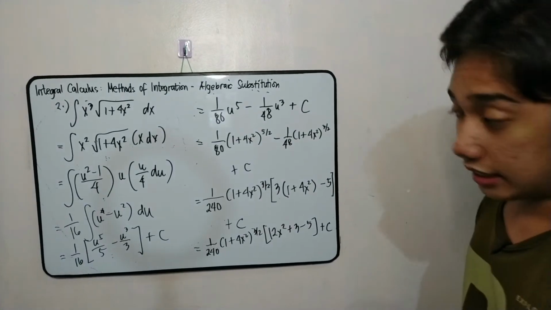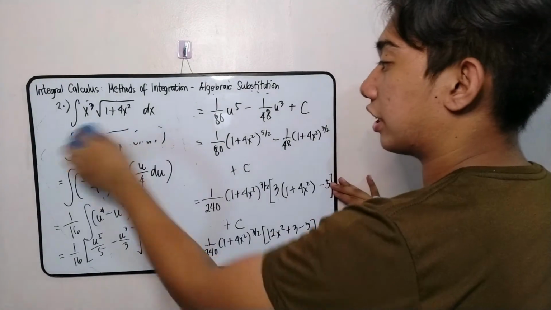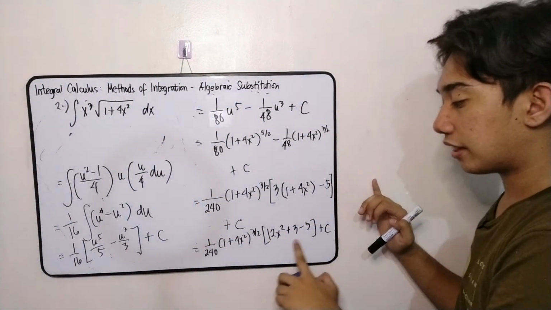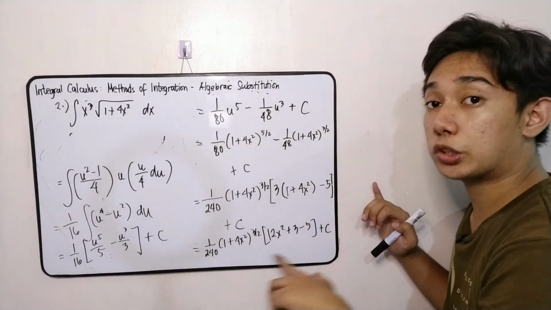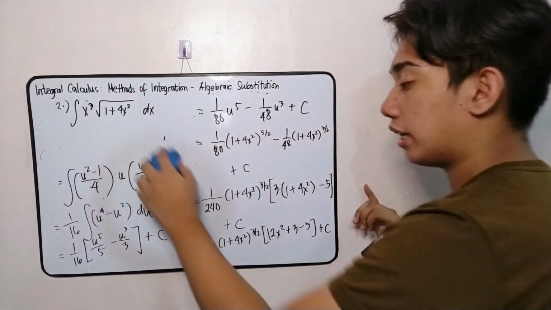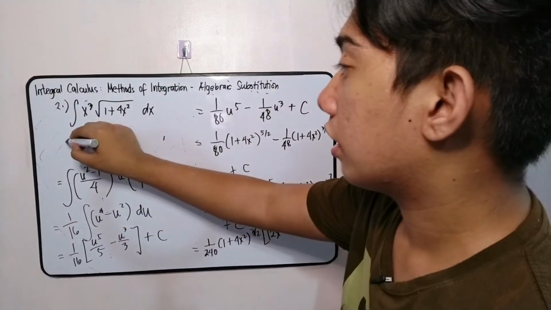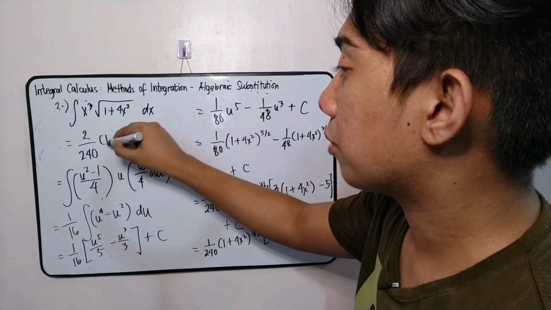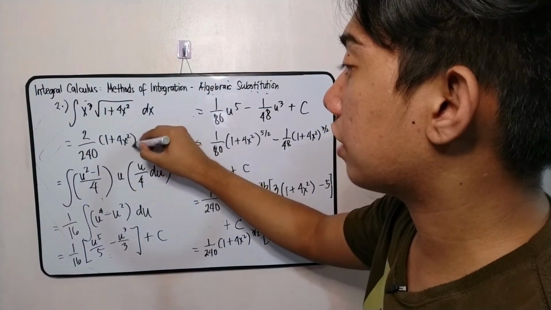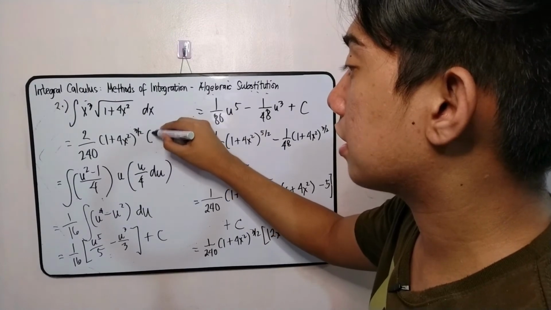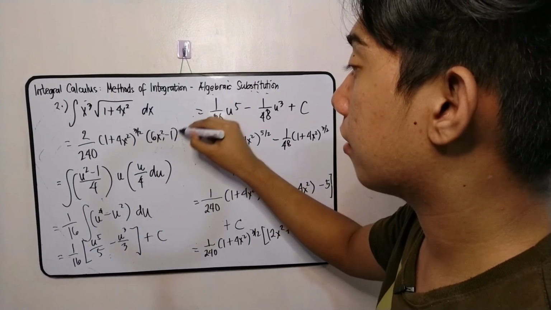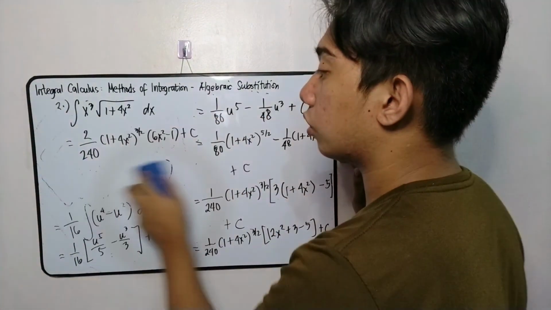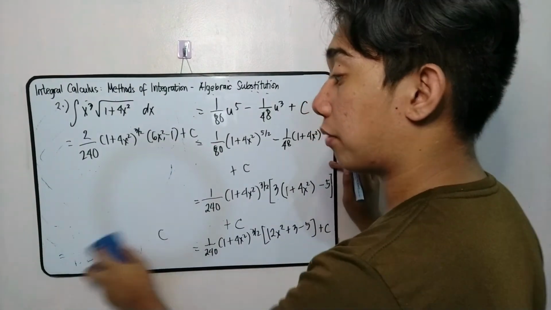Okay? Then to get the final answer, since we will add this one, this becomes negative 2 and their common factor is 2. So, ilalabas natin yung 2 and this becomes 2 over 240 times 1 plus 4x squared raised to 3 halves times 6x squared minus 1 plus c. And take note, there's a common factor for 2 and 240, which is 2.